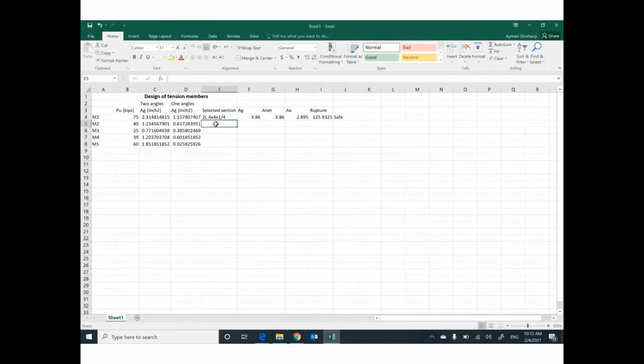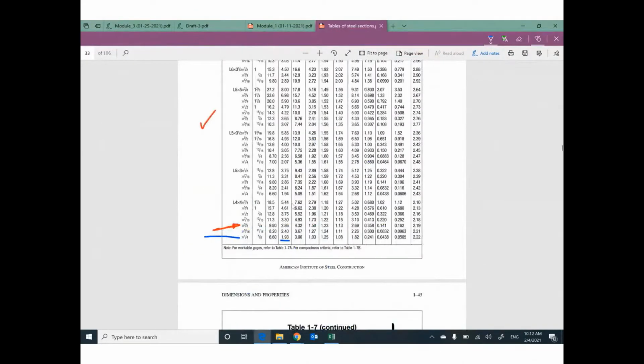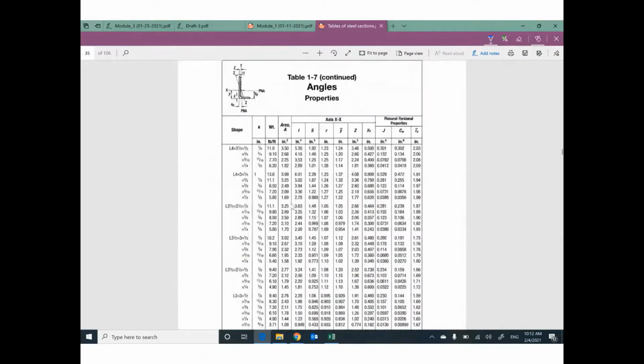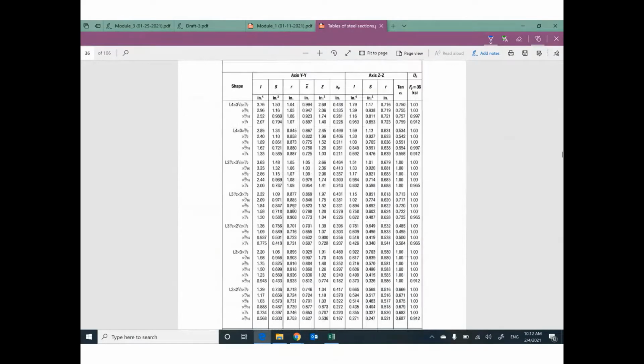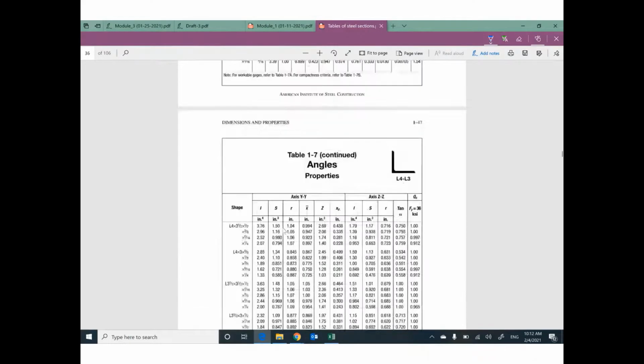Second section, the area gross for one angle is 0.617. So I will open the table and go down, probably 3 by 3. Let's try 3 by 3. Here you go. The minimum area gross here is 1.09, so we need less, 2 by 2.